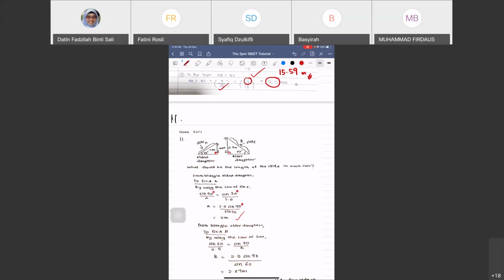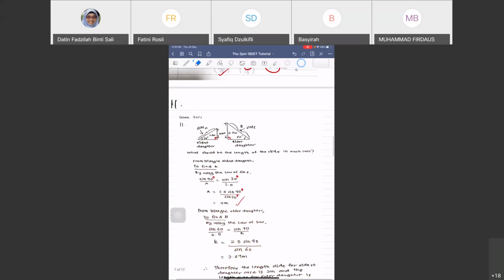If there's no degree notation, then it could be radians, because radians don't have that notation. Only degrees have that notation. So if it's 30 degrees, put that degree notation, because if you forget it, it can mean a different thing.